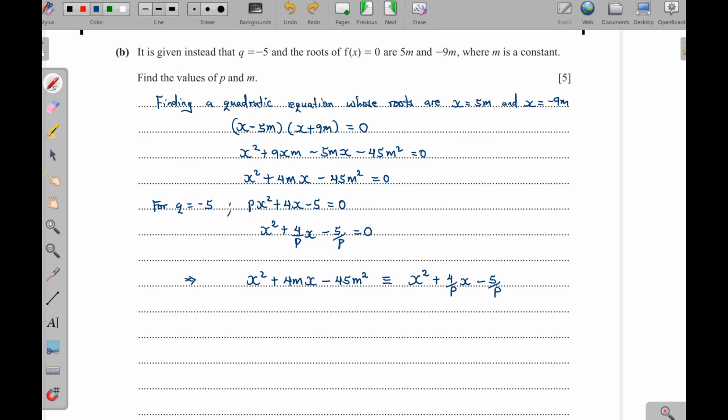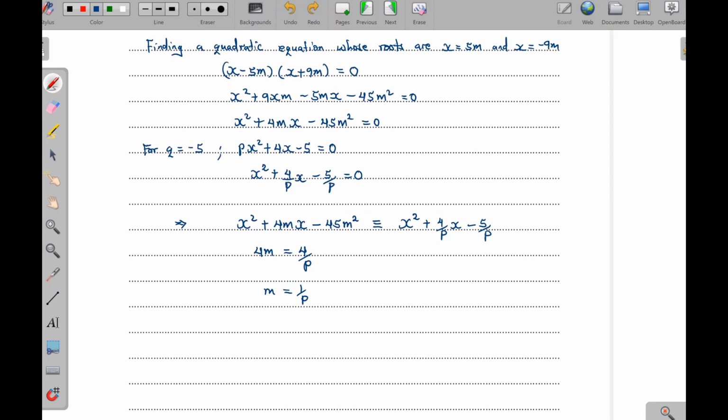Then we have 4m equal to 4 out of p. The 4 will go, and then m will be equal to 1 over p. Now, you come to this one here, the constant part. We have negative 45m squared, which will be equal to negative 5 out of p.